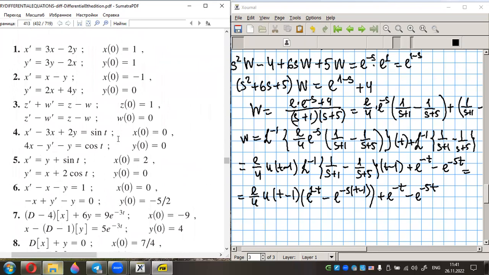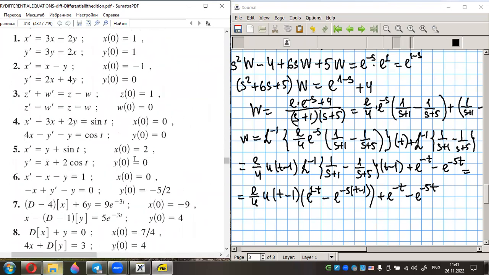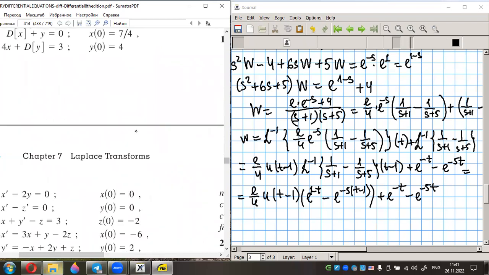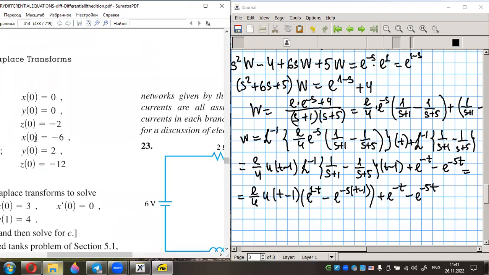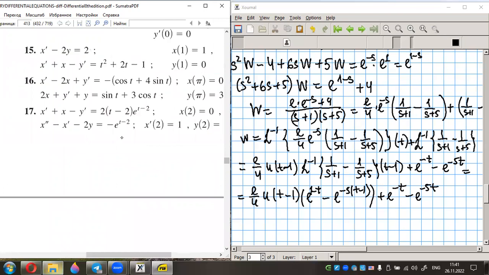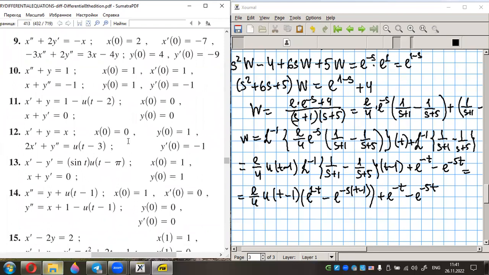That's this page. 413. Well, what problem do you want to solve? There's no system with delta. Yeah, I see. No, we only have with u. Let's solve with u.